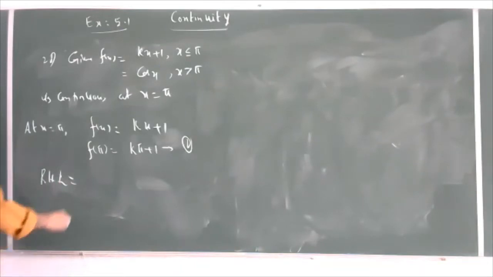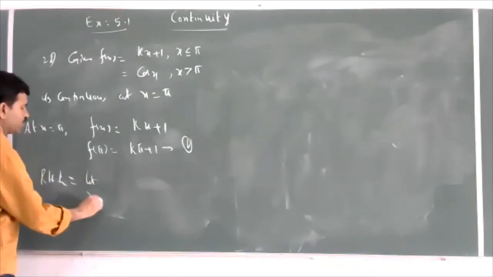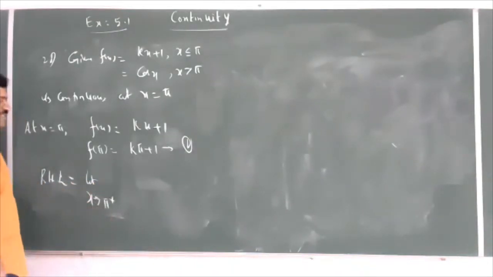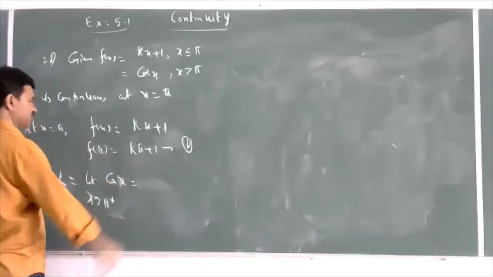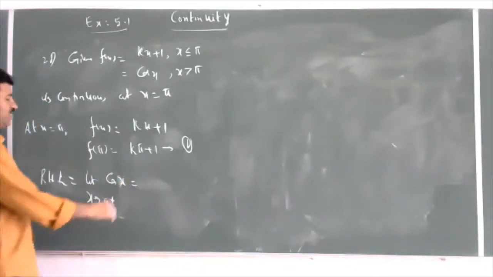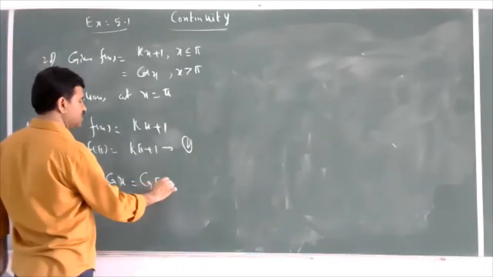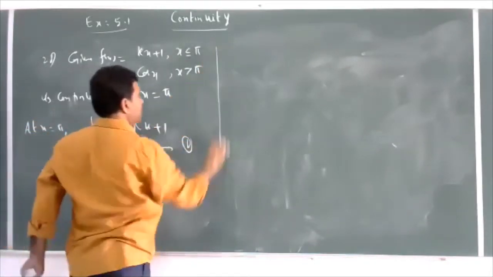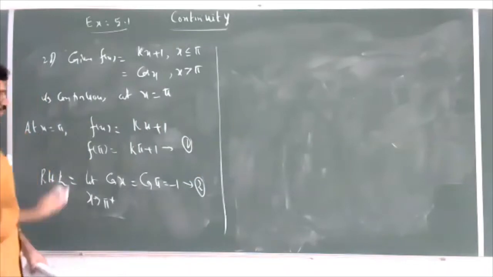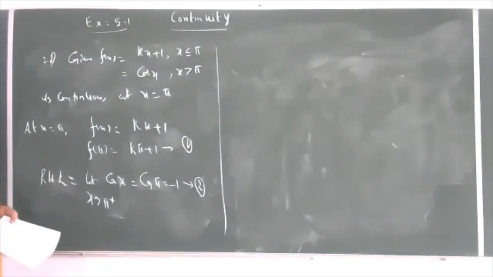RHL is equal to limit as x tends to pi plus, the function is cos x. Write the cos pi value: cos pi value is minus 1. Equation 2. Since it is continuous at x is equal to pi, limit value is equal to function value.